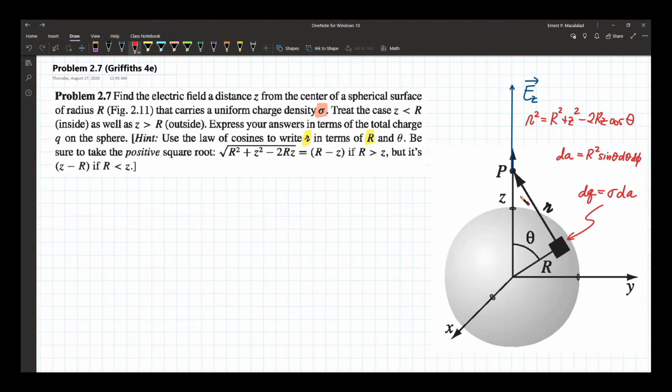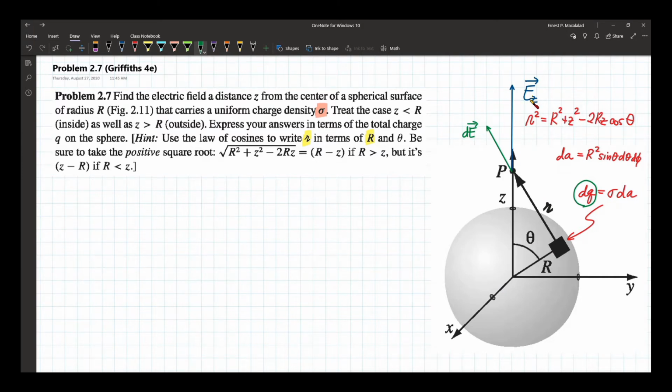Now, if you want to determine the electric field created by this infinitesimal dq, it is actually pointing in this direction. So this will be your dE vector, the electric field due to this infinitesimal dq.